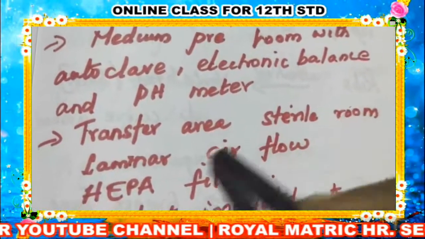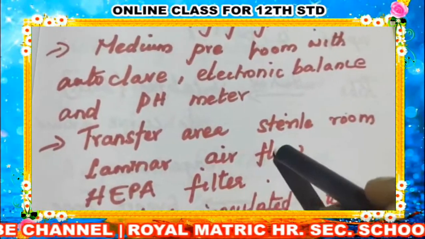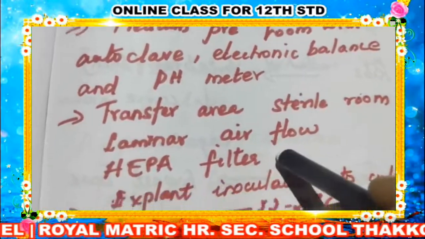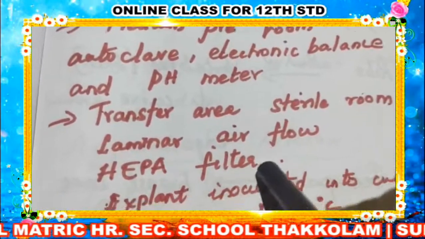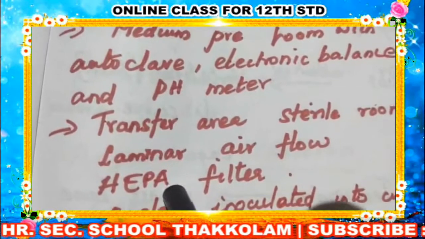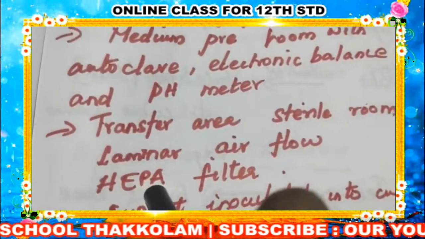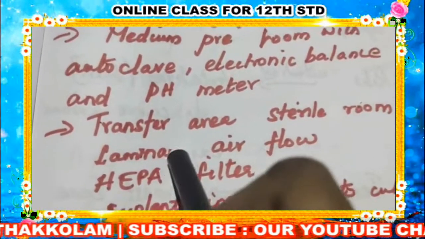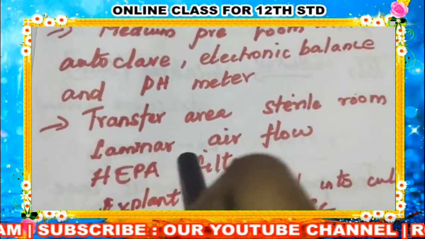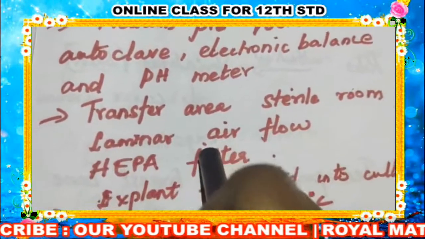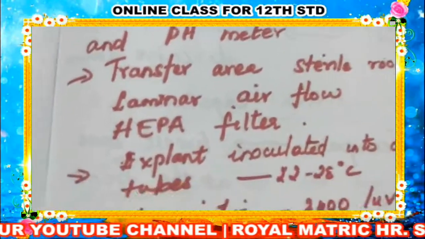A laminar air flow and a bench with positive pressure. And you should have a ventilation unit with a HEPA filter. HEPA is high efficiency particulate air, which makes the room free from bacteria.